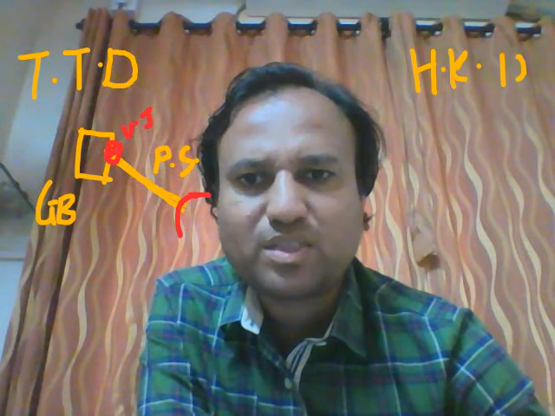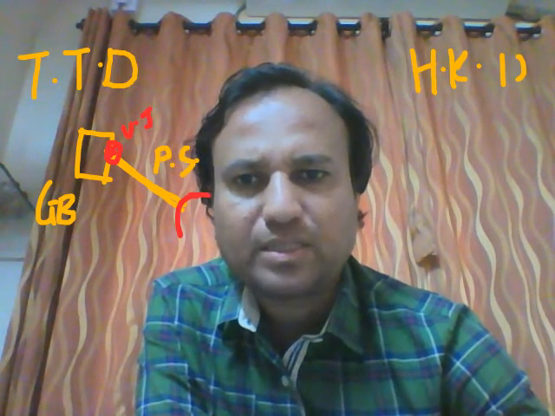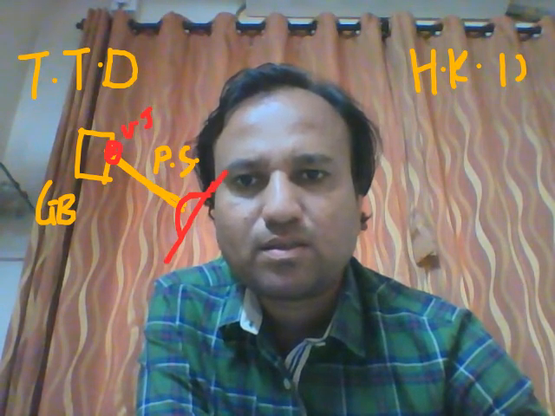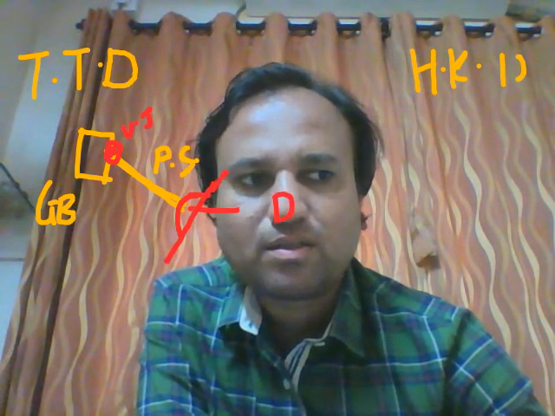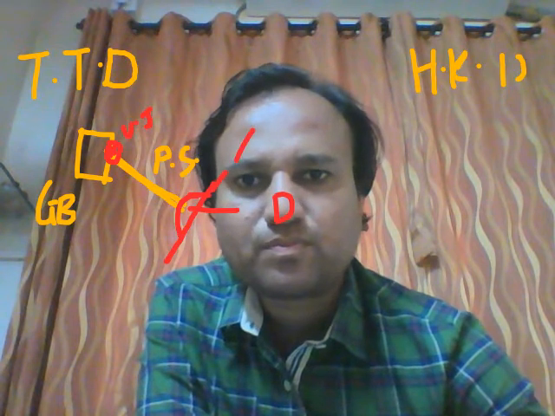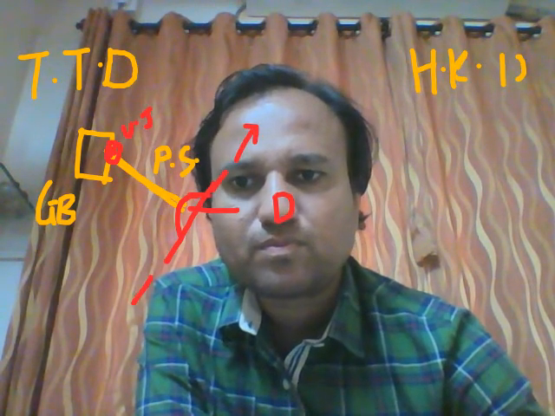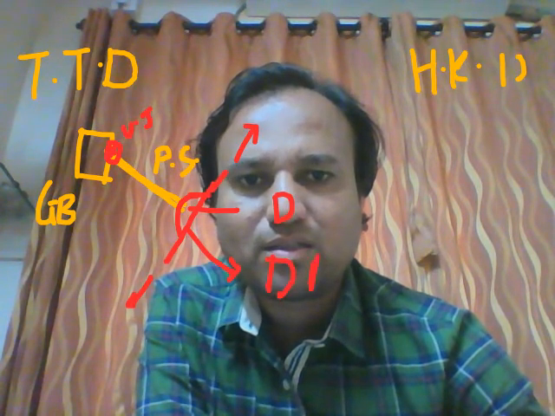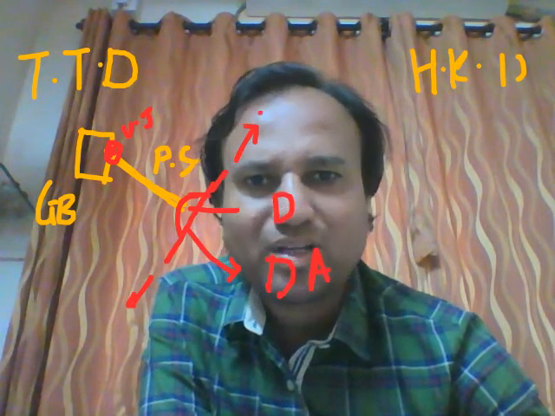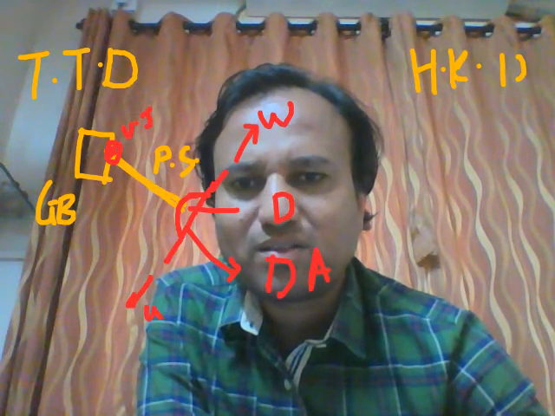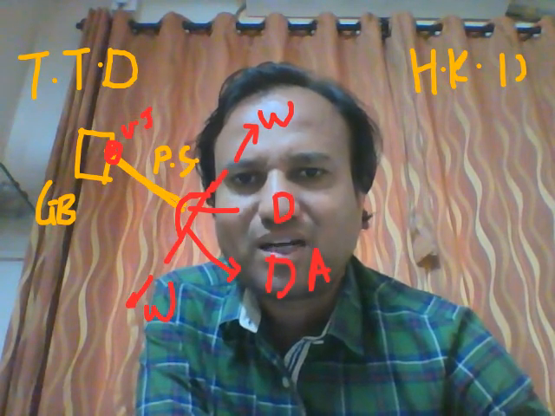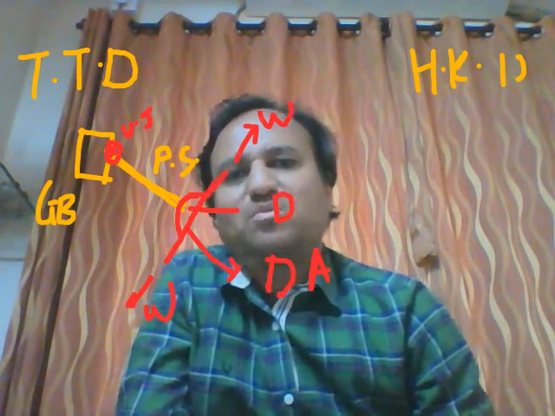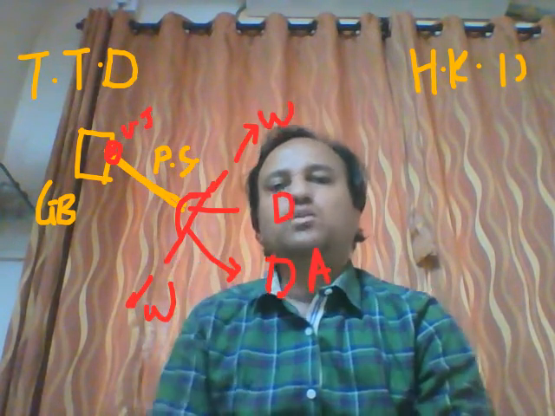The propeller shaft is connected to the differential. This is the differential. Let this be the driving axle, with wheel and tire. This driving axle is generally made up of two half shafts, and these two half shafts will be connected to the wheel assembly.